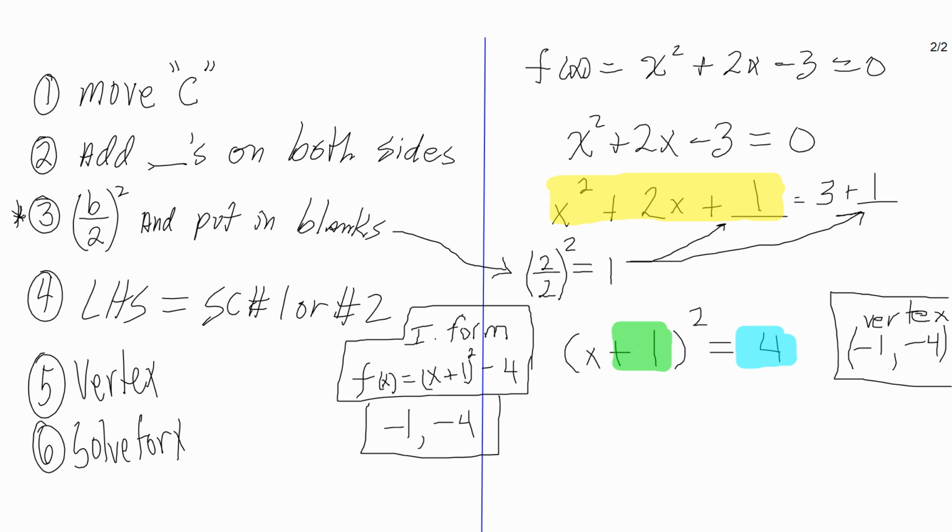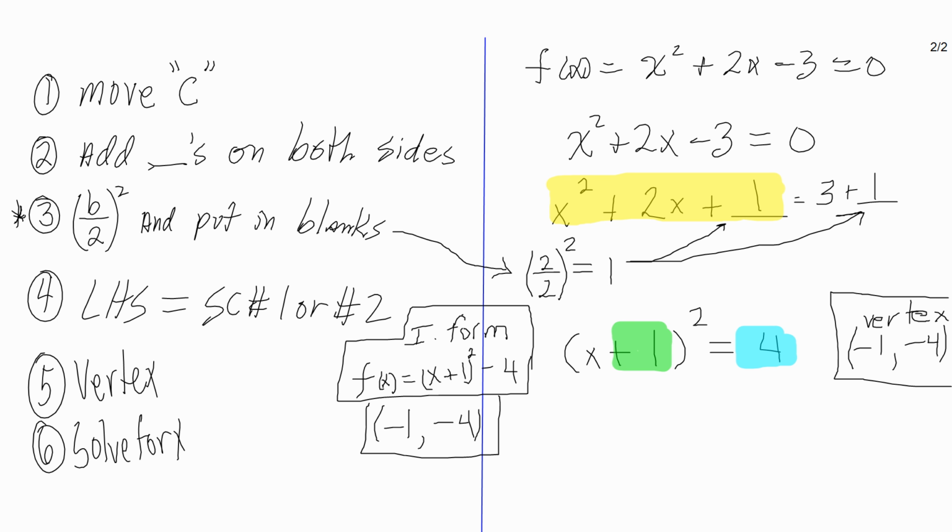You take the opposite of both. Boom. If it tells you to put it in intercept form, you have to put an f of x out in front of it, bring over the 4, and then you take the opposite of the 1 and the negative 4 you bring down. I just tell students to do it this way. But you have to know this in order for some of the homework and test questions.